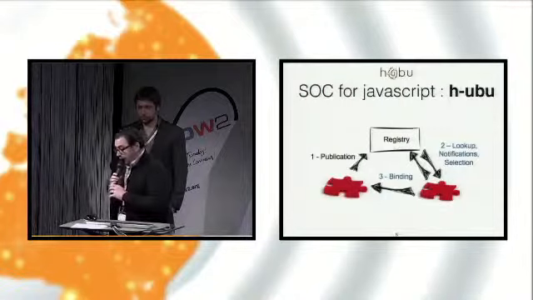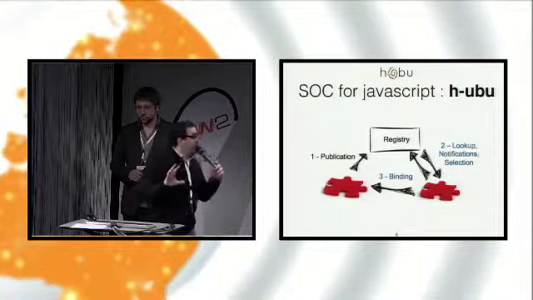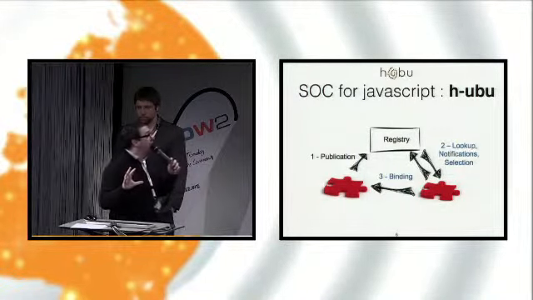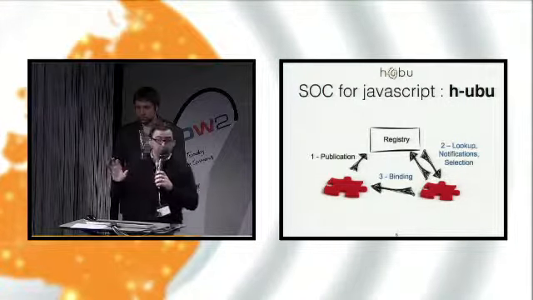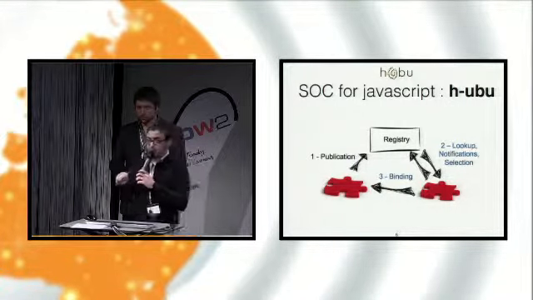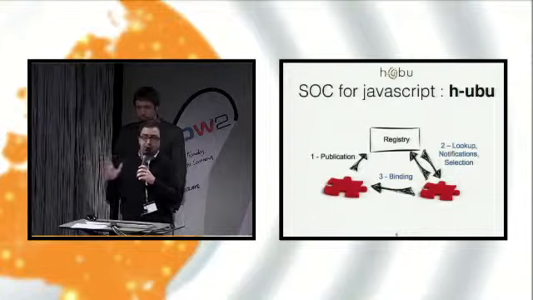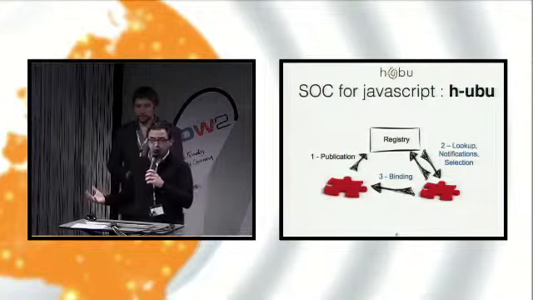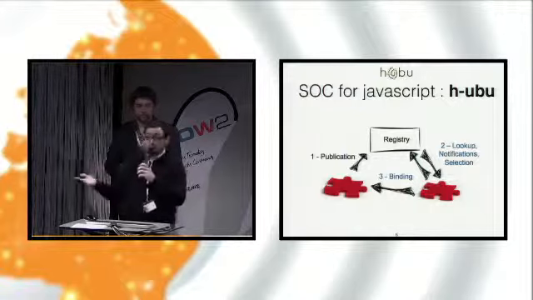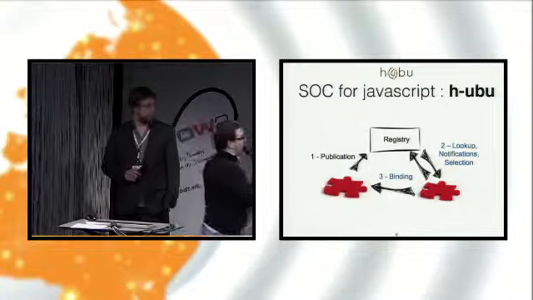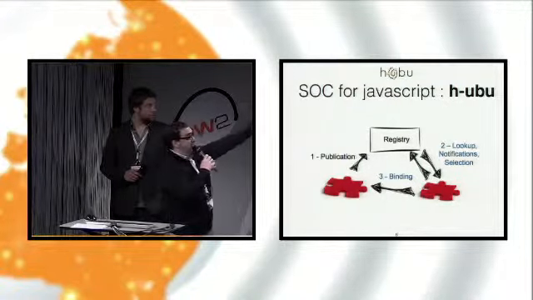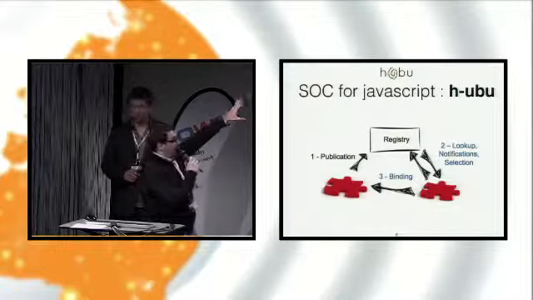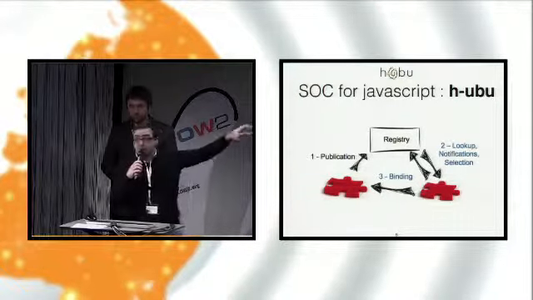On the client side, on the runtime side, we have Ubi. It's a service-oriented component model, so it's like what I presented with OSGi. It's a bit like OSGi in JavaScript. So same thing as earlier in the afternoon, we have components and we have a registry. And components are not bound together directly.